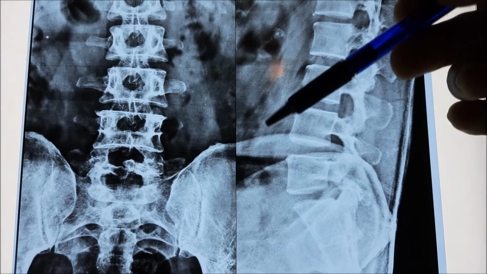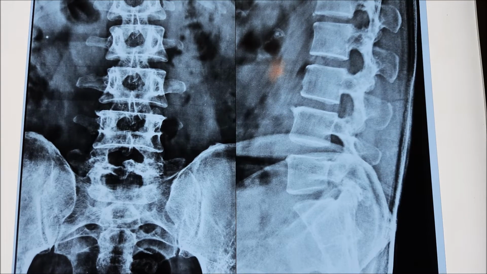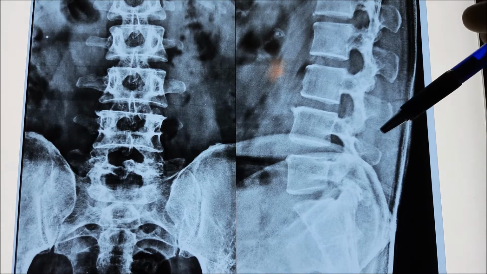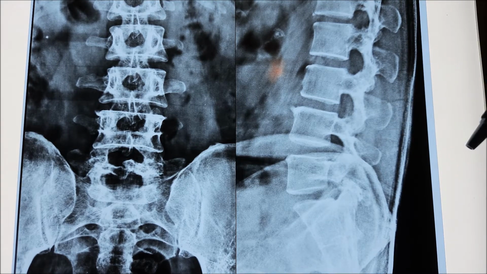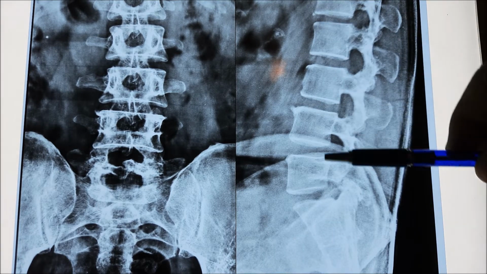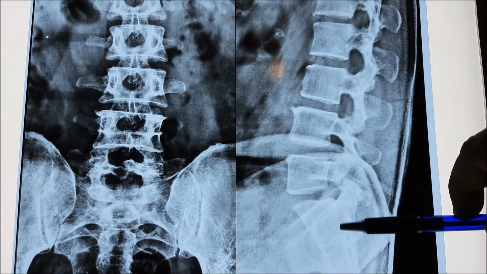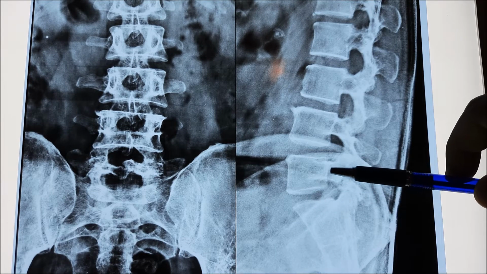When we saw the X-ray, there were two areas where we found a pathology and a problem, and that is why we are sharing this video with you. First we'll see what exactly we found on this lateral view. If you notice, this is the sacrum, and this is the L5 spinal vertebra.